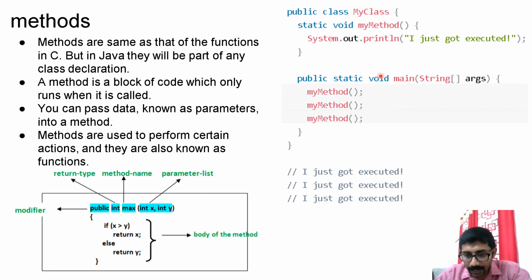So from a static method, if I want to access another static method in the same class, I can simply use the method name. Likewise, from a non-static method, to access another non-static member, just use the method name, because both are in the same class.